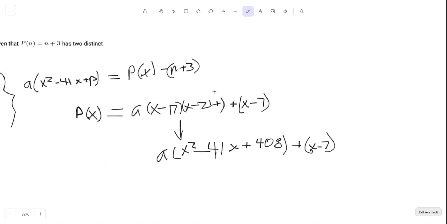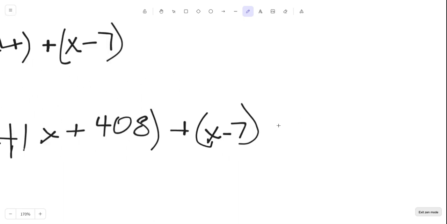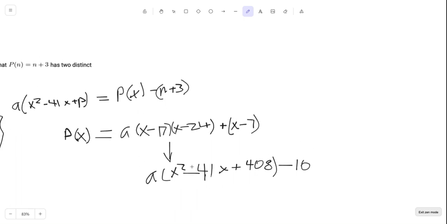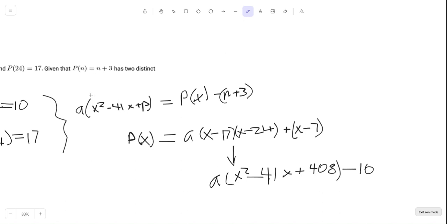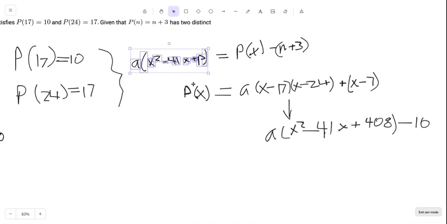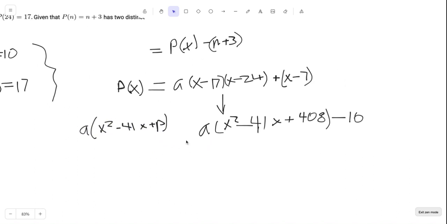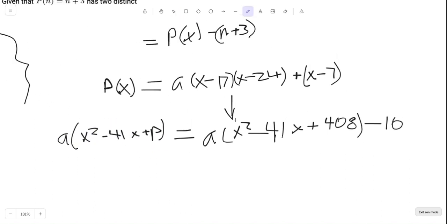Then minus n plus 3, so subtracting x plus 3, we get minus 10. This is equal to a times all of this. It's equal to a times x squared minus 41x and so on.